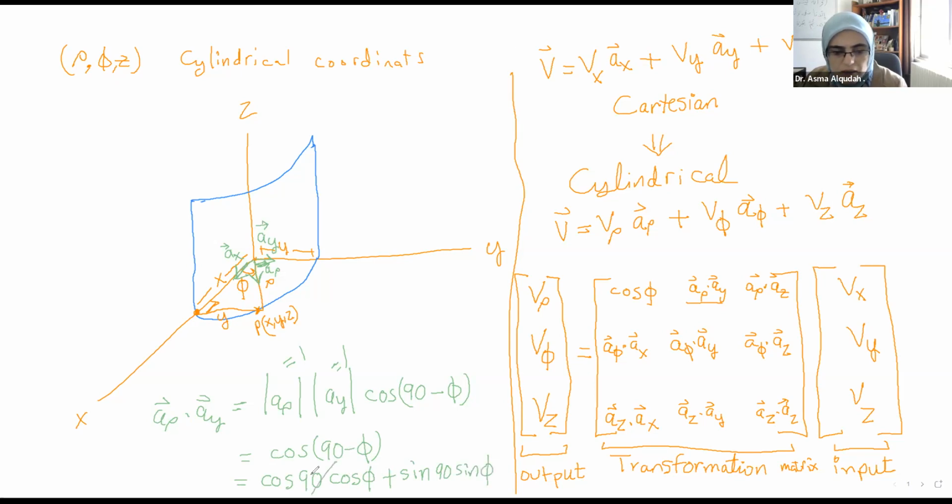This is 0 and this is 1, and we are left with sine phi. So A sub rho dotted with A sub y is equal to sine phi. So this should be sine phi.